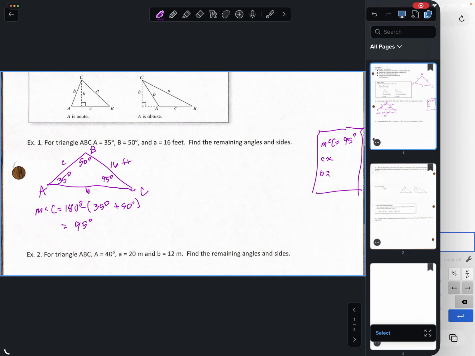So the law of sines is I take the side length over the sine of the angle. This is the only pair where I have a side and an angle, so I'm going to use those. And so it's 16 is to the sine of 35 degrees. And then I choose what I'm going to find next. Well, if I use b, then that is to the sine of 50 degrees.